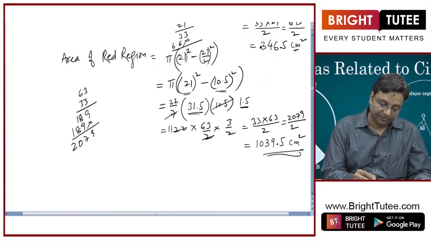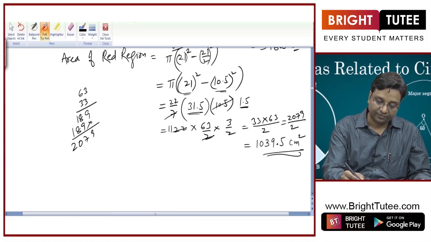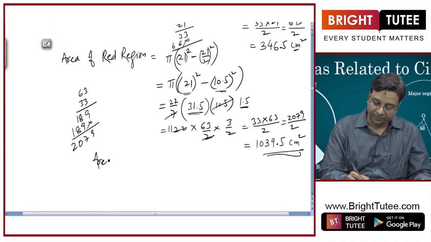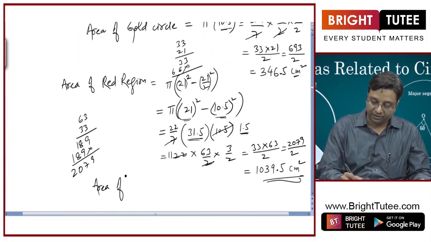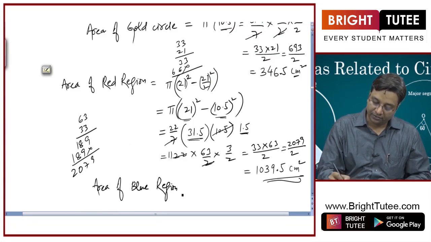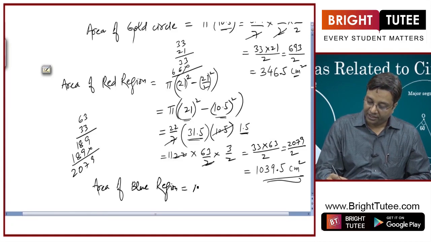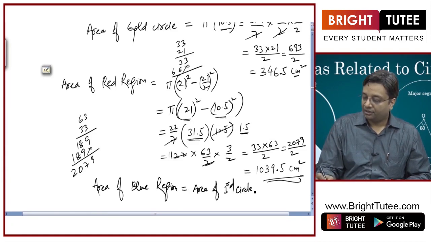Area of blue region is given by area of third circle minus area of second circle.